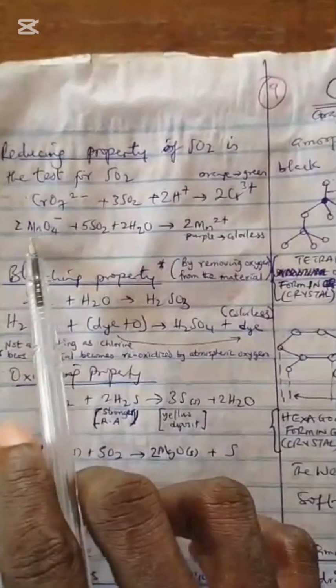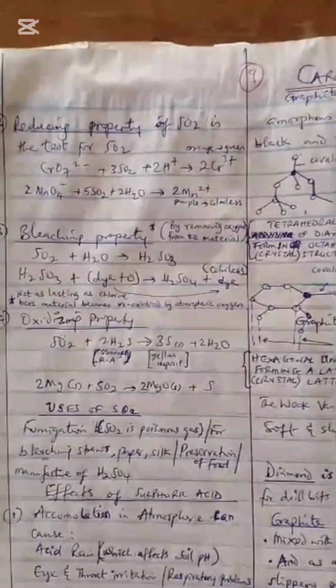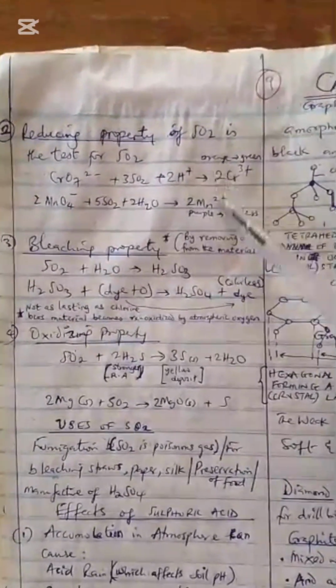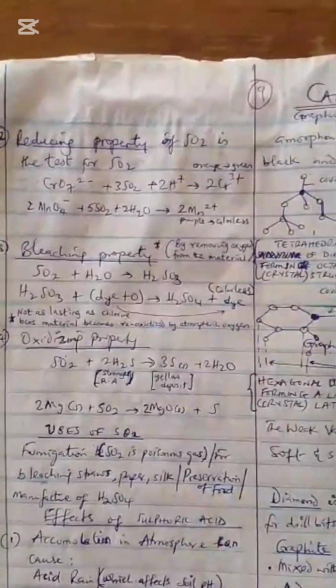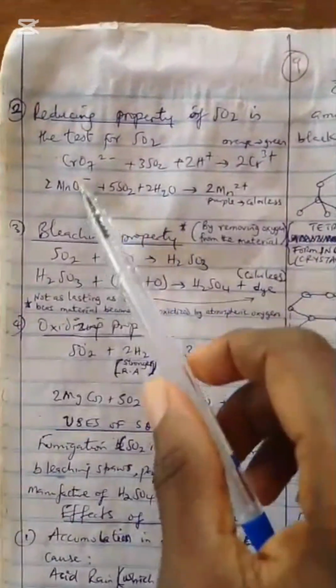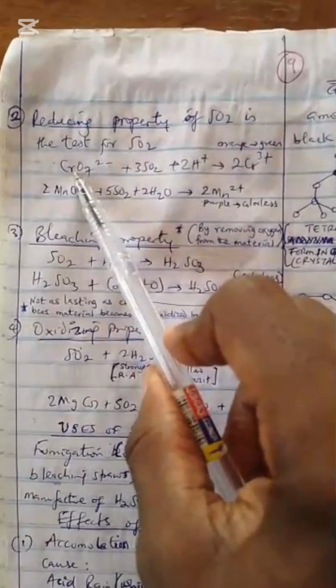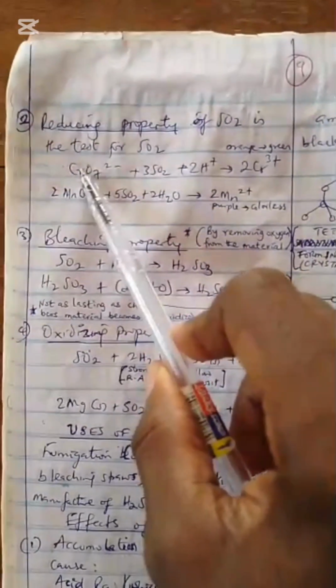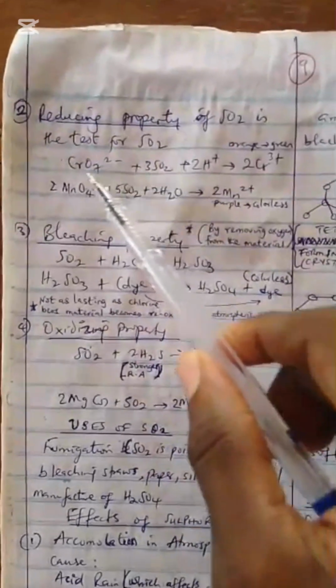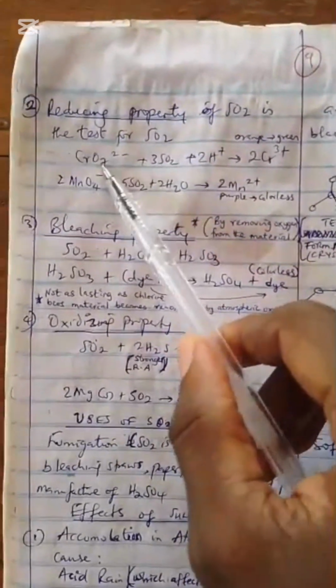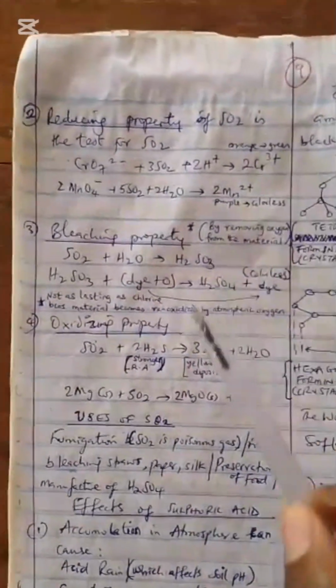It also reduces this. So that's a test for sulfur oxide. It reduces chromium(VI) to chromium(III).